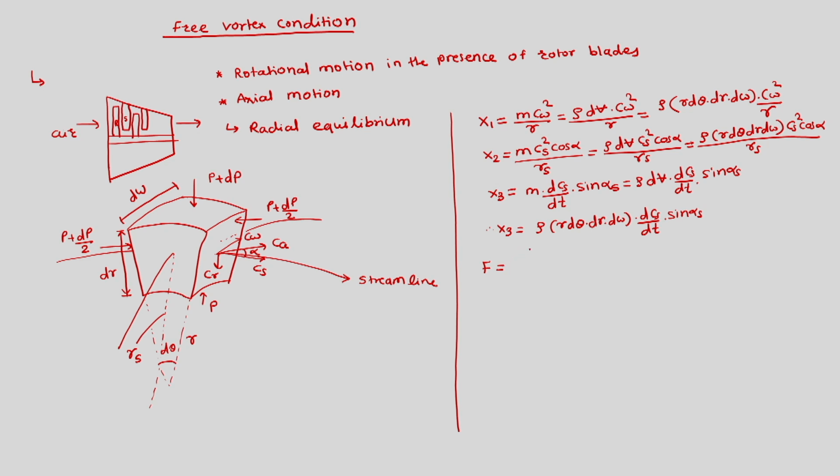So for the top surface we have force which is (P plus dP) into (r plus dr) into d theta into dw, while for the bottom, P into r d theta into dw, and for the side forces the pressure force will be 2 into (P plus dP by 2) into dr into d theta by 2 into dw.